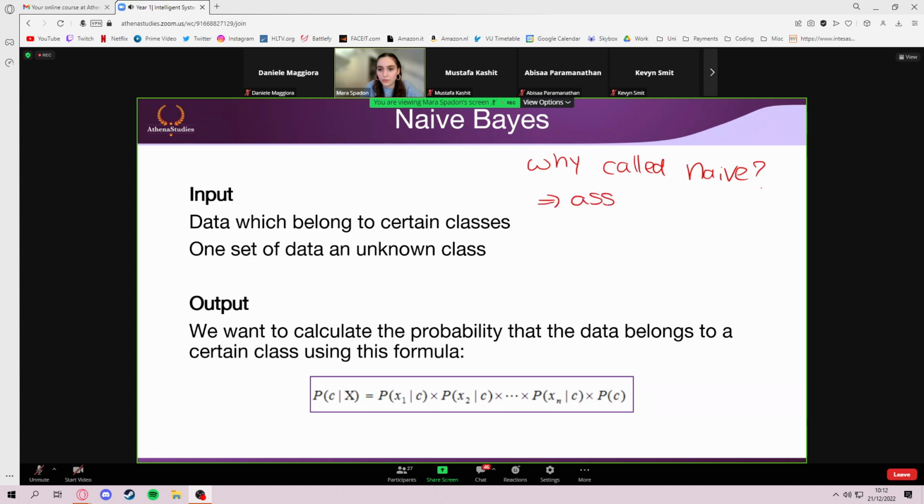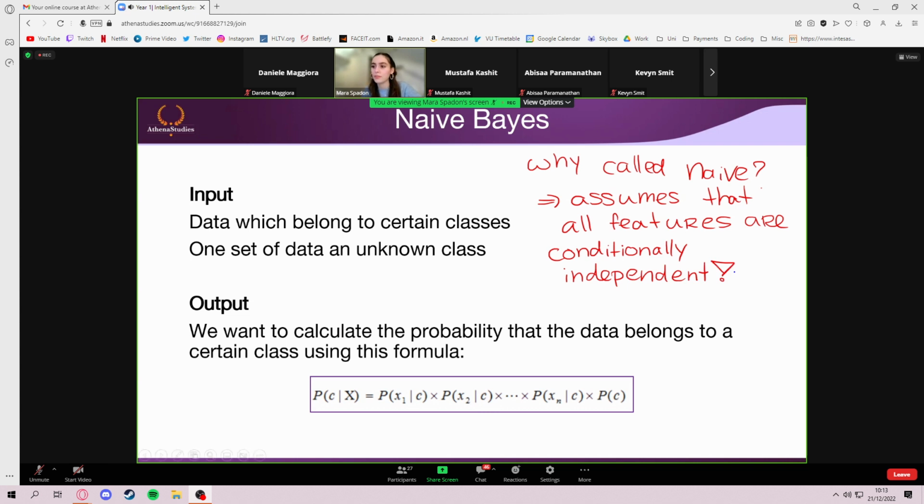It assumes that all features are independent. So that could be like a theory question. So that is indeed the case.